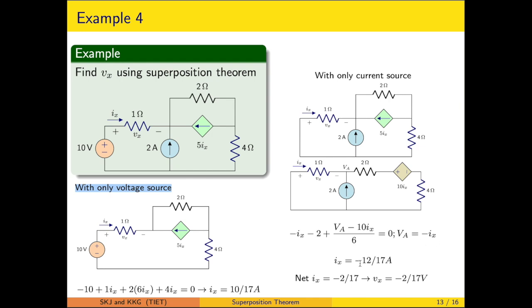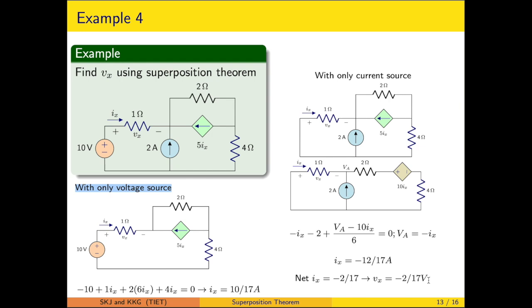This is made a substitution, so the Ix value is calculated likewise, and once you are applying the concept of the superposition, you can find out the value of Ix as the sum of this 10 by 17 plus minus 12 by 17, so that particular is minus 2 upon 17. So in that way we are able to solve the circuits.